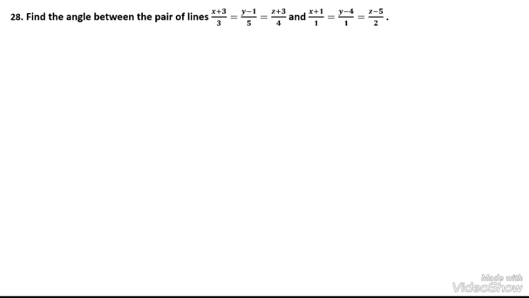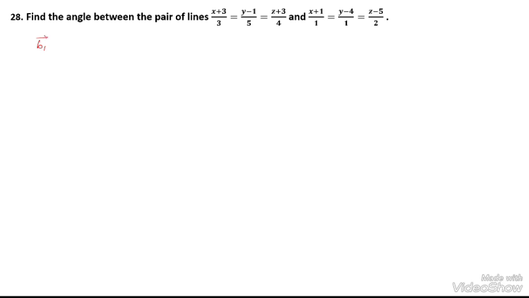Find the angle between the pair of lines. Okay, here they have given the pair of lines. Now, I will take the angle of these two lines. First we have to consider the vectors.